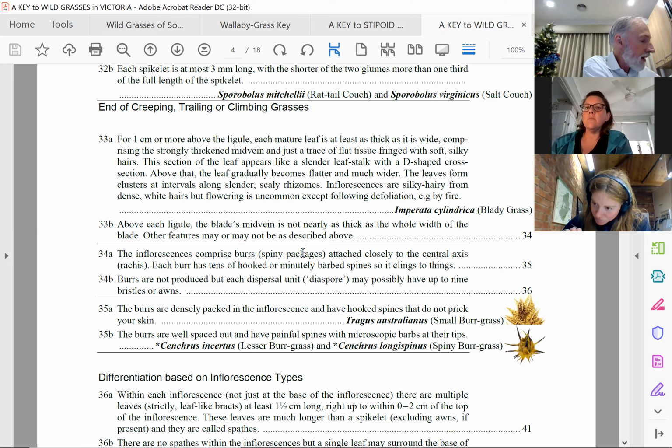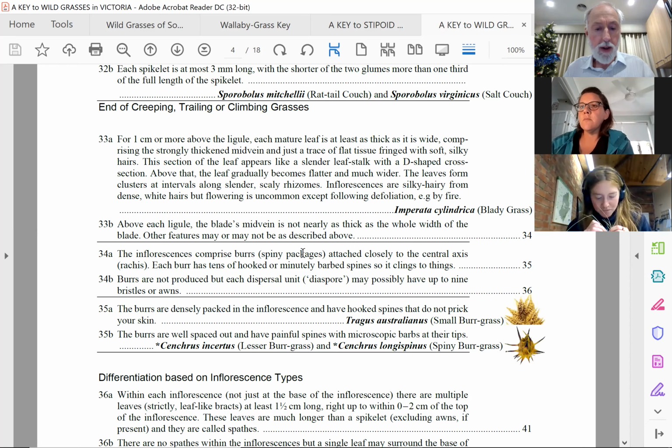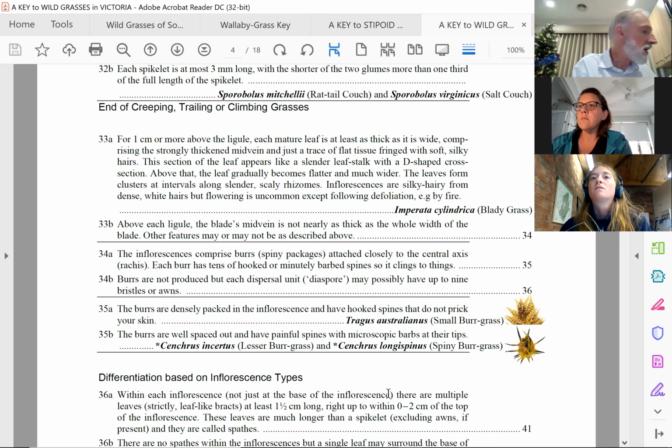So we have a grass that doesn't fit this description of Imperata cylindrica. Now, I do actually have a specimen of this Imperata cylindrica. I'm thinking I better take it tomorrow because we're going to run out of time otherwise.